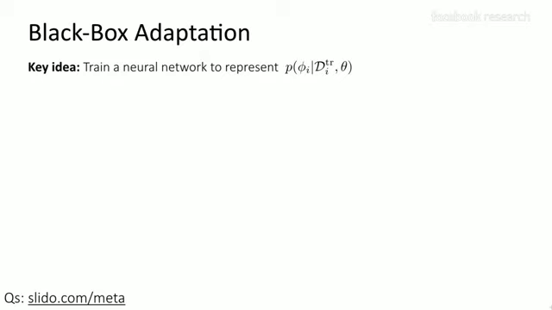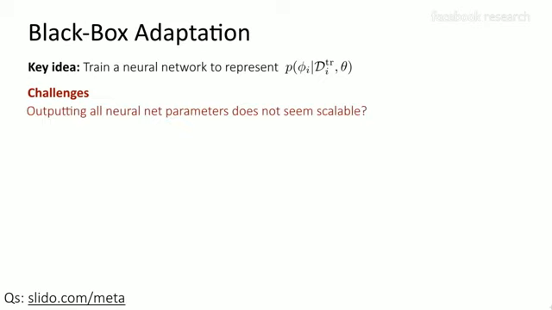OK, great. So now that we've gone over this type of approach and how it works and the different architectures, what are some of the challenges that come up? One thing that you might ask is, if our neural network is outputting all of the parameters of another neural network, this doesn't really seem scalable. What if the neural network that's making inferences about test data points has millions of parameters?